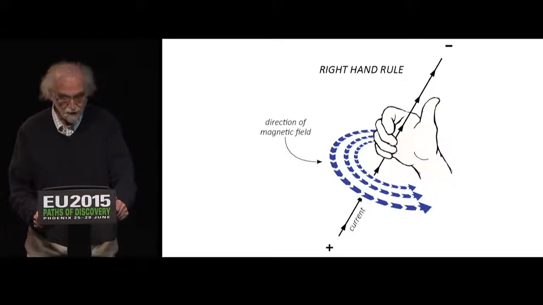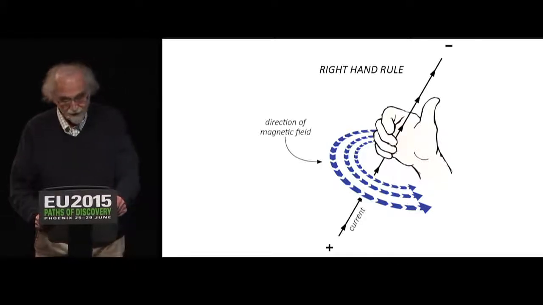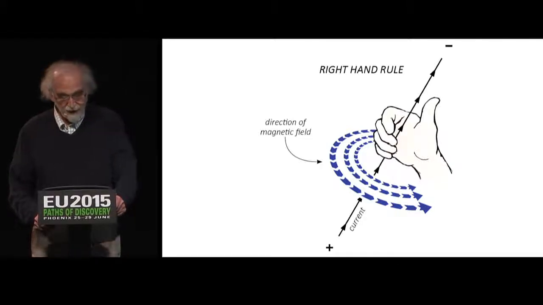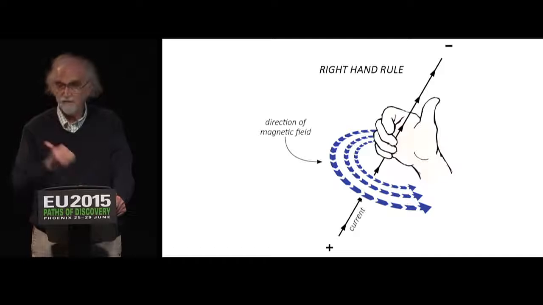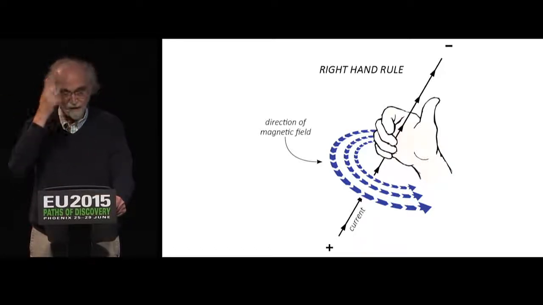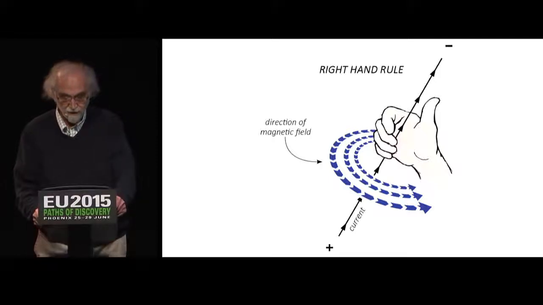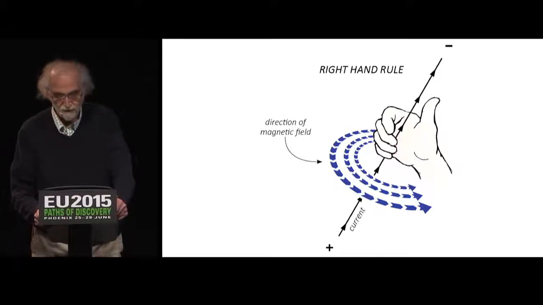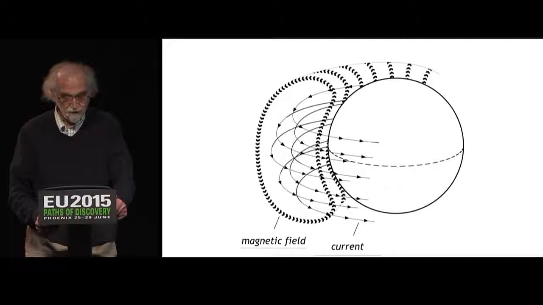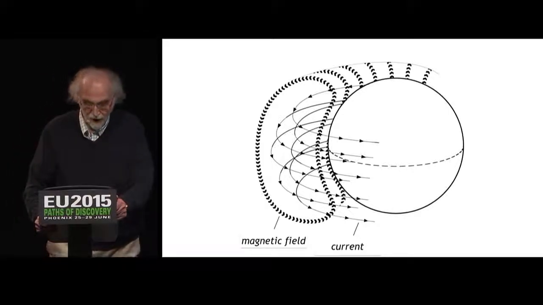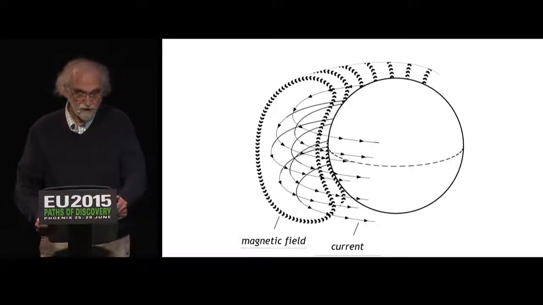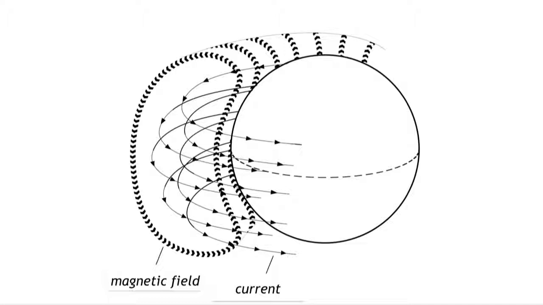And think about what we know from basic electrostatics and dynamics. If we have a current flow going this way, we have a magnetic field using the right-hand rule as shown here. Now think about applying this rule to the Earth. The horizontal arrows are the wind, the jet stream that blows constantly around the Earth.